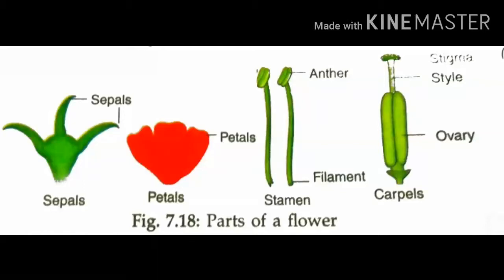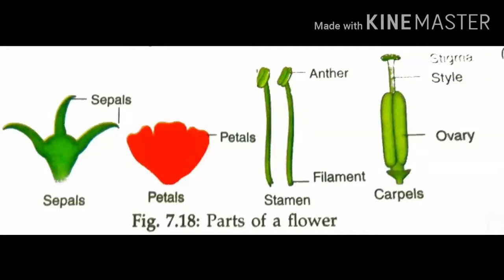The lower, broader portion of the pistil is called the ovary. The narrow upper portion of the pistil is called the style. Above that ovary, we can see the narrow structure, which we call the style.